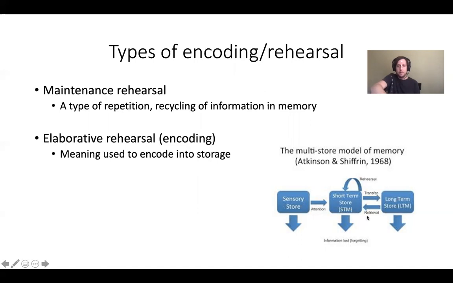This elaborative rehearsal, in a sense, is using your long-term memory to help with retrieval and transfer. So it's a bidirectional process. You're using something that you already know, the meaning of words in your long-term memory that's stored here. When you see those words, you're holding that information in your short-term memory while simultaneously thinking about the meaning of that word, which is in long-term memory.